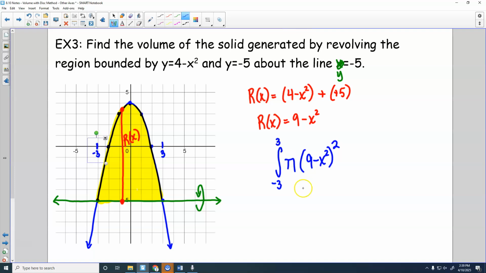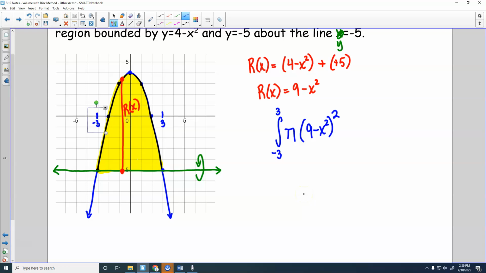Let me show you a little bit of a trick right here that is applicable whenever you have symmetry. If I go from negative 3 to 3, that makes it harder to plug numbers in, because I have to plug a 3 in, and I also have to plug in the negative 3, and subtract. But this is a symmetric graph. If I only wanted to go from 0 to 3, what would I have to do?